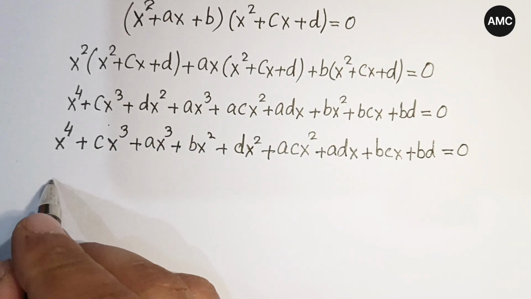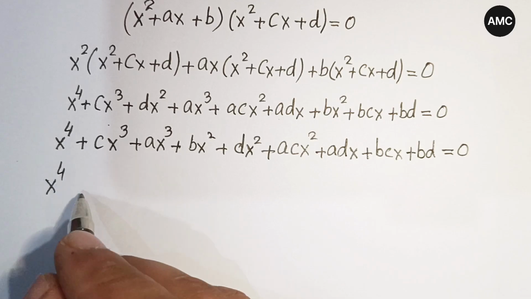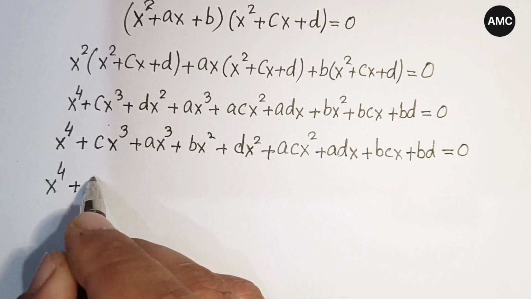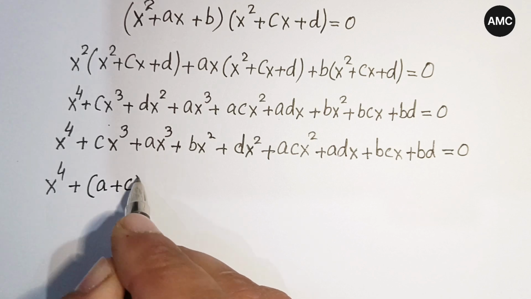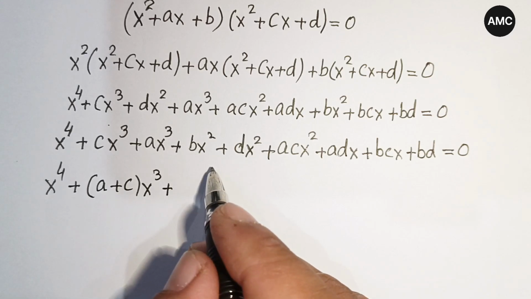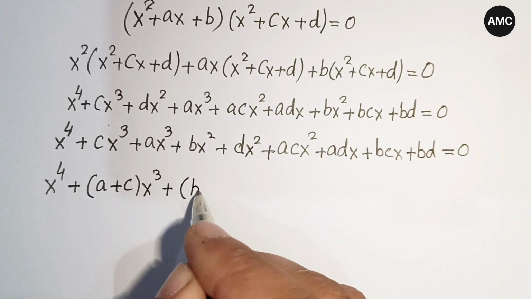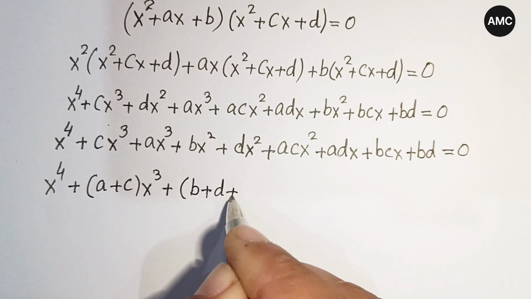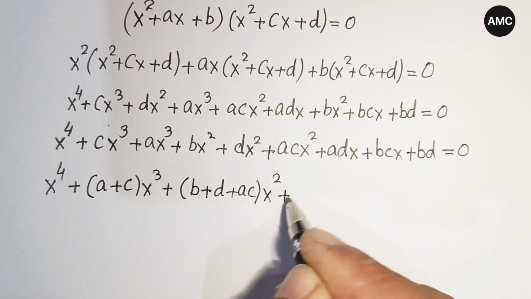Now here, x to the power 4, and if we take x cubed common, by rearranging we will get a plus c times x cubed. Similarly, here we have b plus d plus ac, so b plus d plus a times c, taking x squared common.